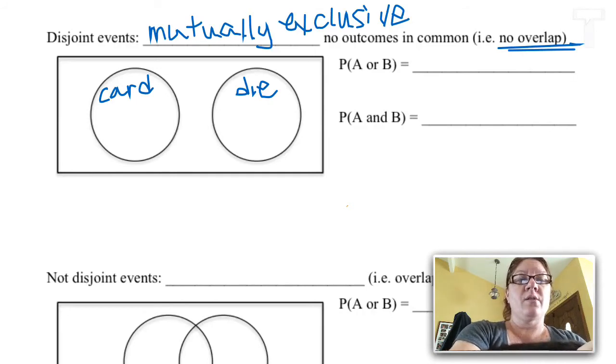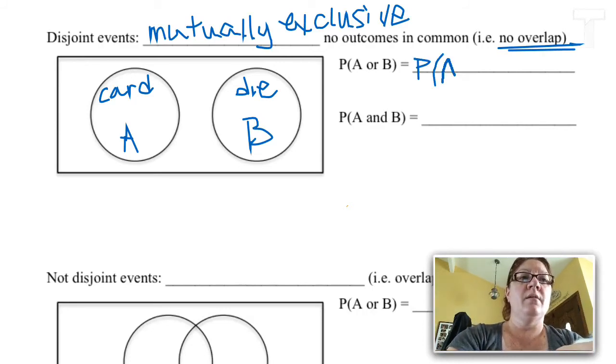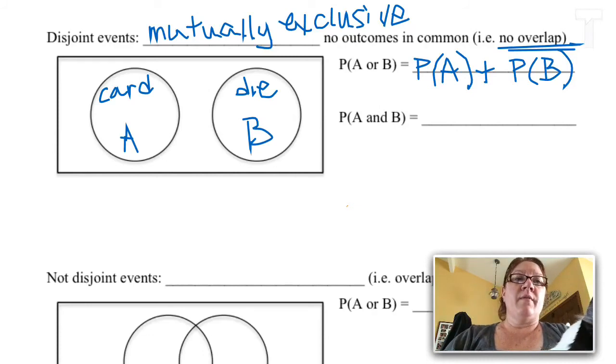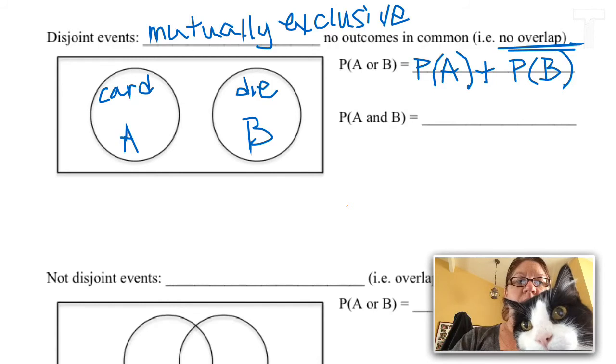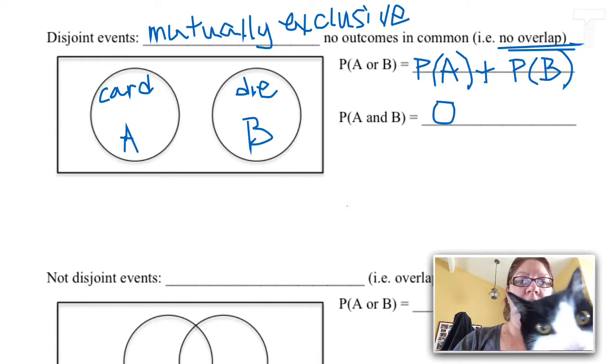And so we're going to start with if events are disjoint, then the probability of A or B, so let's call those A and B, would be the probability of A plus the probability of B. And then the probability of A and B, well, I can't be in circle A and circle B at the same time, so that would just be 0 for disjoint events.